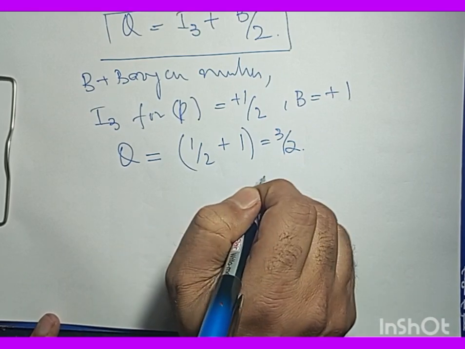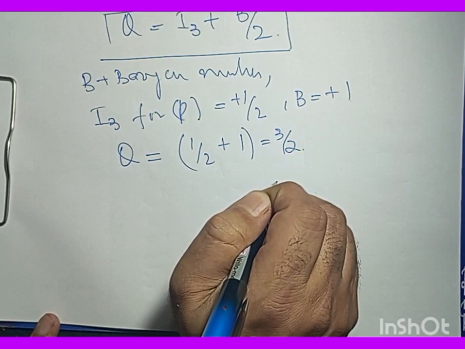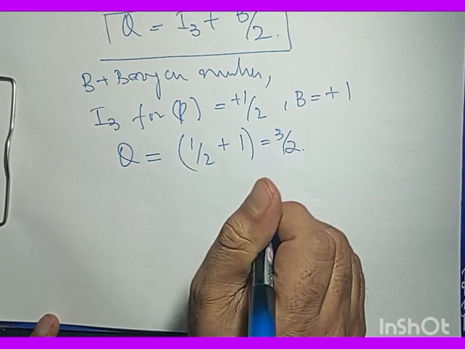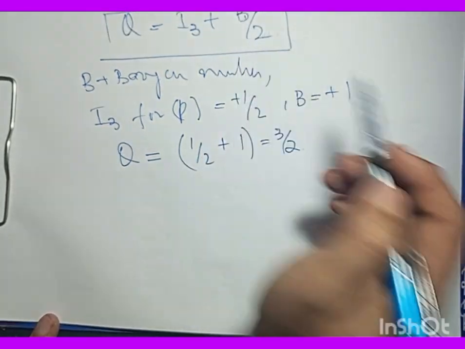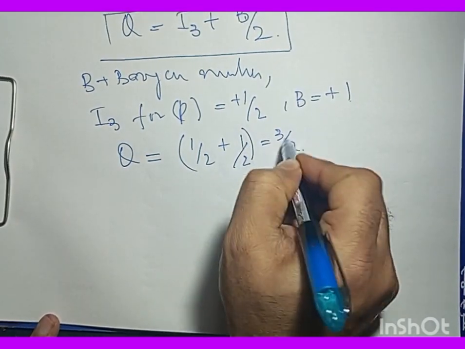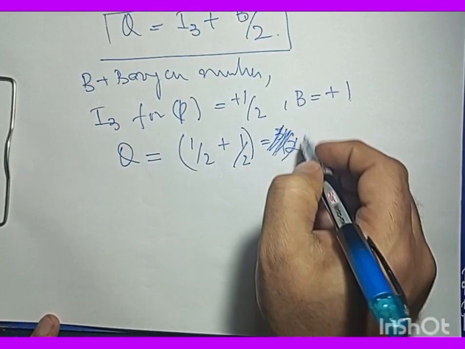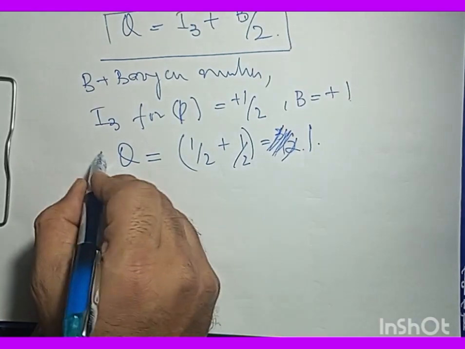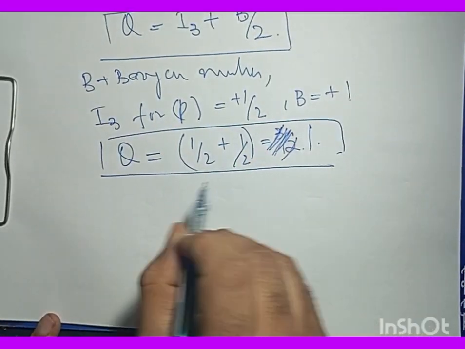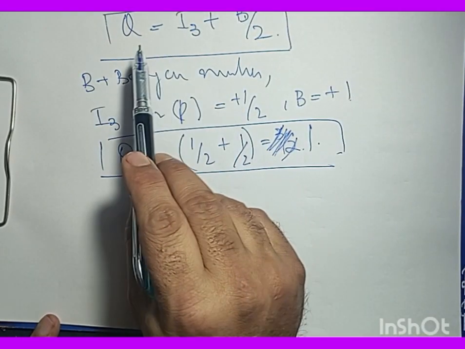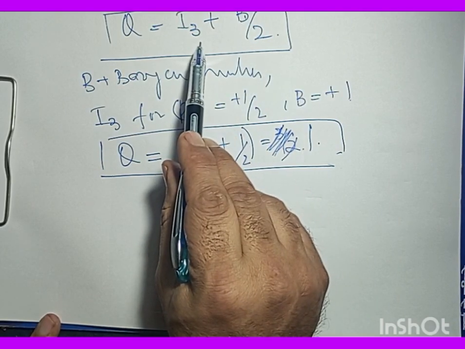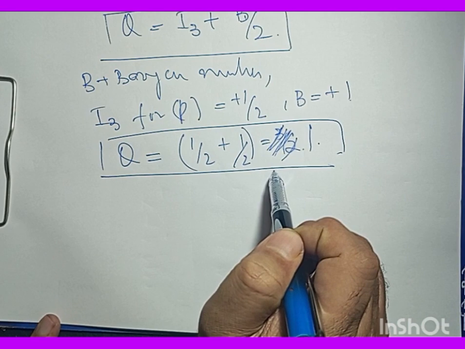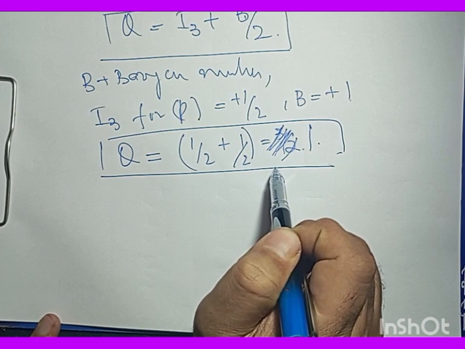So the charge that we will obtain here, the charge on the proton, I think I have committed a mistake here. This is B by 2, so it is going to be 1 by 2 plus 1 by 2. So charge of proton is not fractional, it is 1. So using this equation of charge with baryon number and third component of isospin, we can calculate the charge of the proton, and this charge is simply 1.